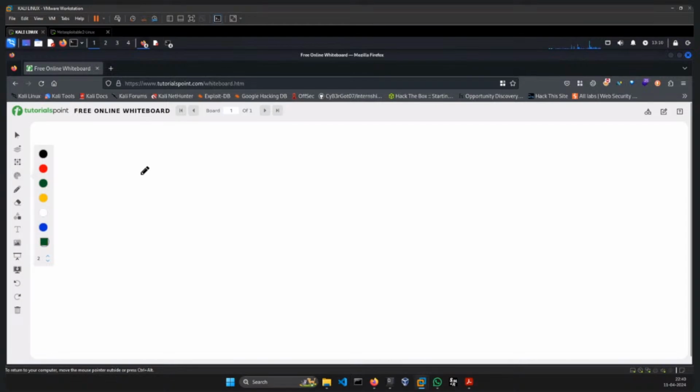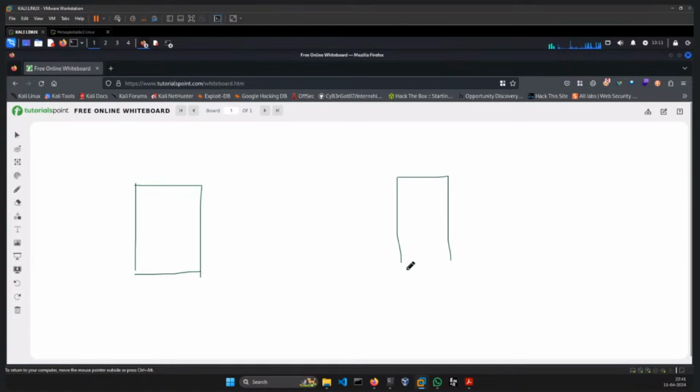So coming to the three-way handshake, let's suppose this is us, and let's suppose we are not an attacker for the time being. This is our partner with whom we want to communicate. In the three-way handshake, first we send the SYN packet to the one we want to connect with.